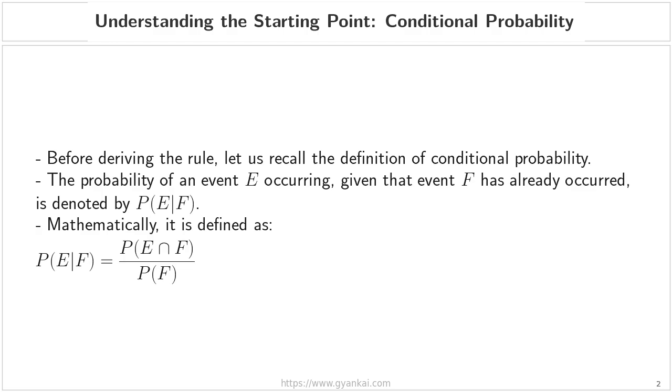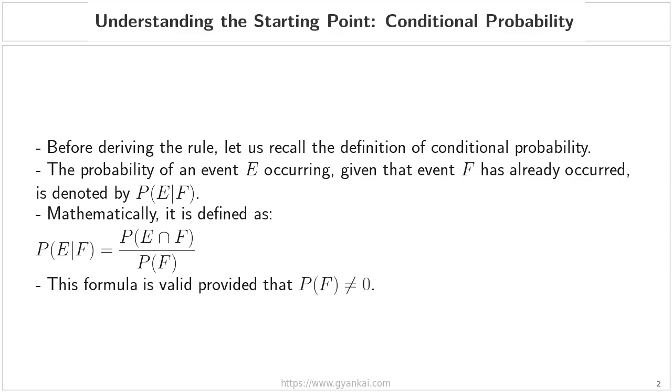To see how this works mathematically, let's look at the formula. The probability of E given F is defined as the probability of the intersection of E and F, divided by the probability of F. In other words, we are looking at the overlap of both events relative to the occurrence of the condition itself. However, there is one very important mathematical constraint to keep in mind.